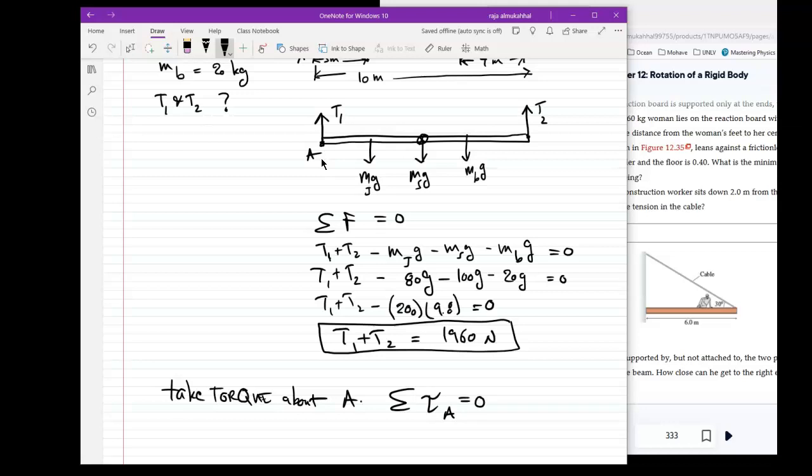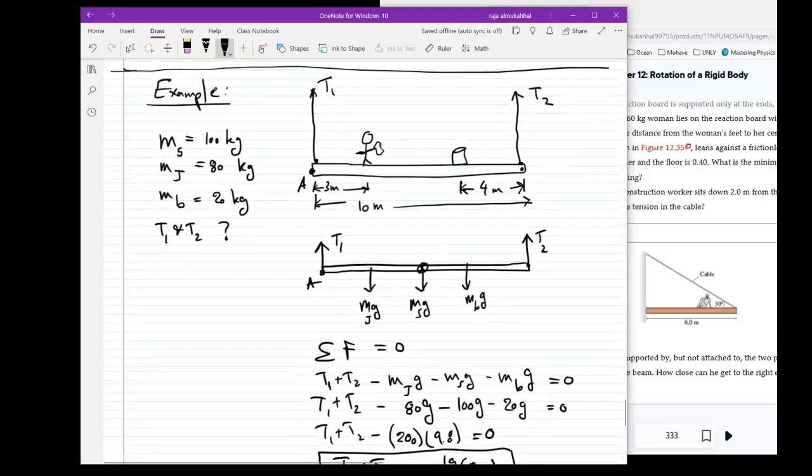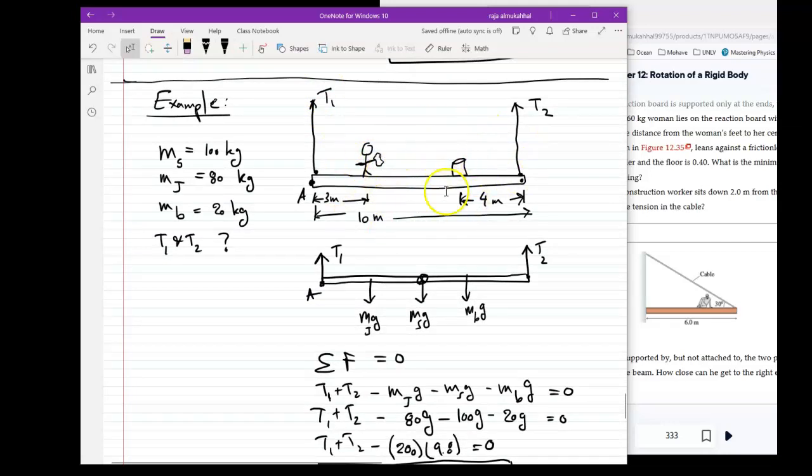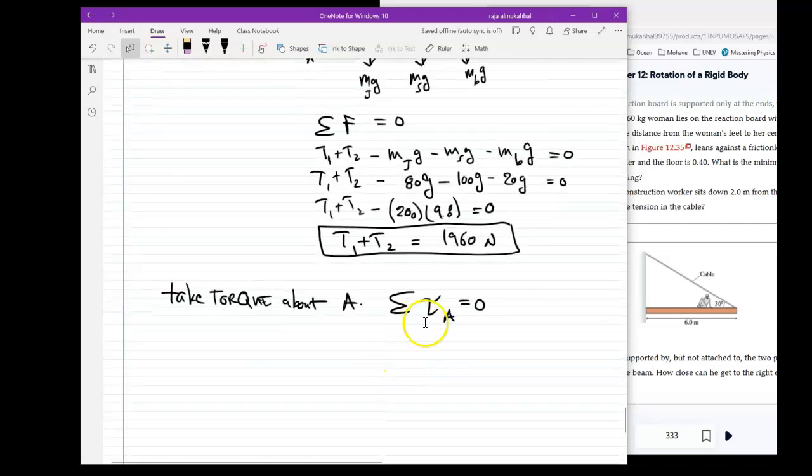Of course, the whole scaffold system is not rotating. Let's hope Joe is not going to rotate. That'll be a problem, right? So it's in equilibrium. Just like sigma F equals 0, another statement for equilibrium is sigma tau equals 0. Okay? You got it so far?